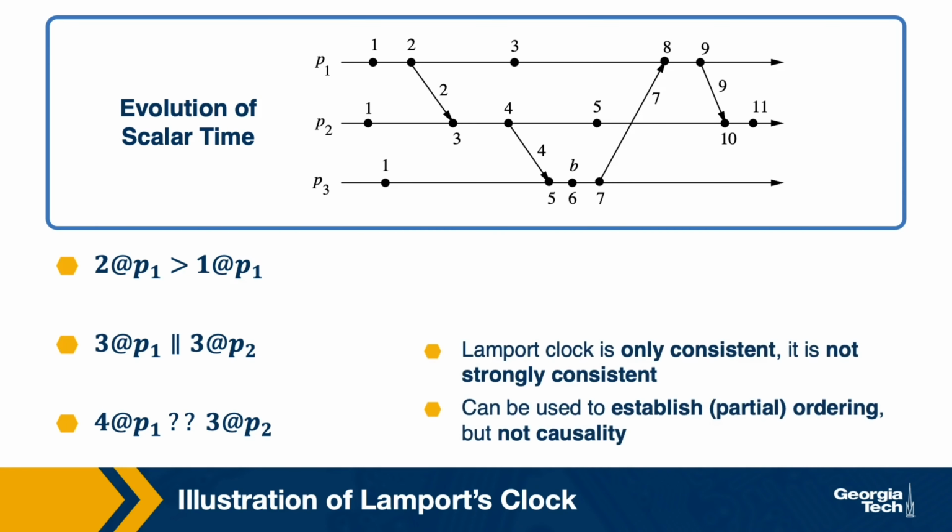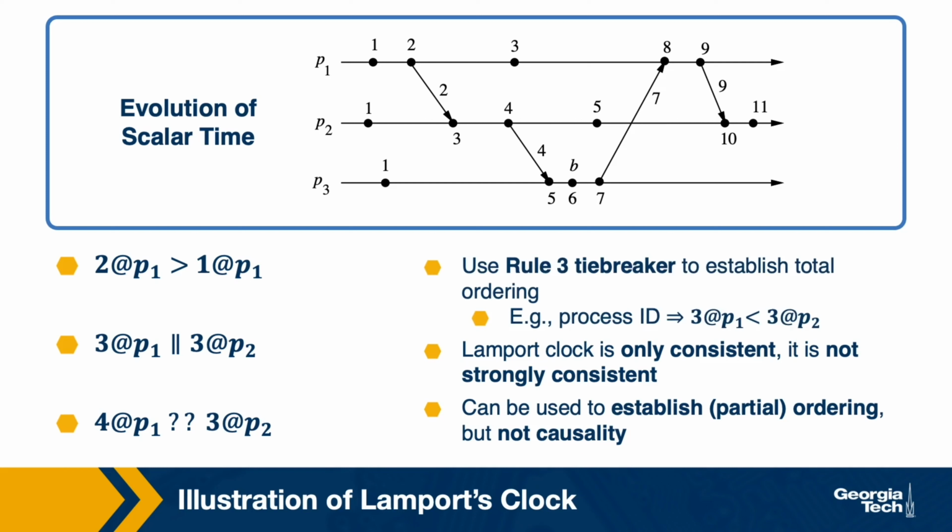With that, the scalar clock gives us a mapping from all events in the system to a partially ordered list of time-stamped events. The list is partially ordered because there can be concurrent events that have the exact same timestamp. This is the case with these two events with timestamp 3.